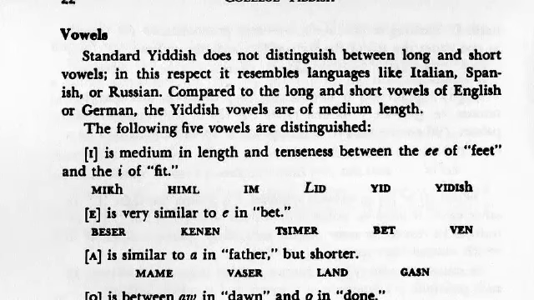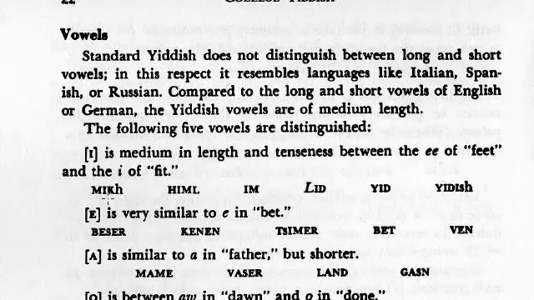And the Yiddish vowels, I'm just going to read this. It's mich, himmel, im, lid, yid, Yiddish. So it's very close to the E sound, and what the book is saying is it's a medium length and tenseness between the E of feet and the E of fit.